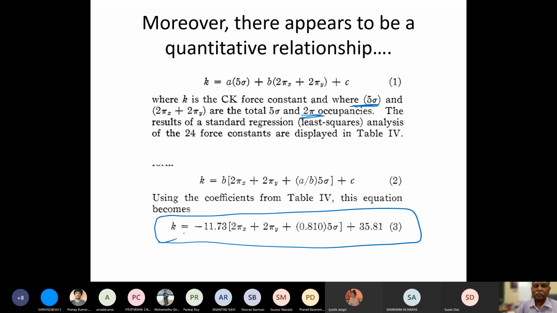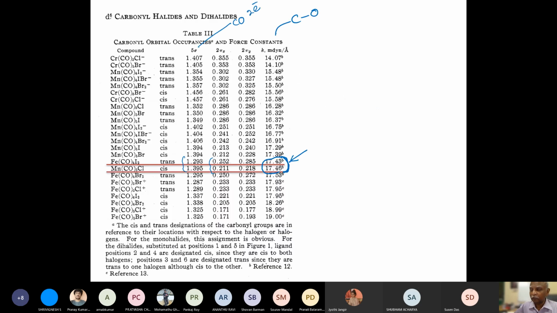I will continue from this in the next class, because if I start the next section, it will become incomplete. But this gives you an idea that it is possible to have a very nice relationship across these 24 systems, the complexes that they have observed. I'll stop here. If I have any questions, I will.